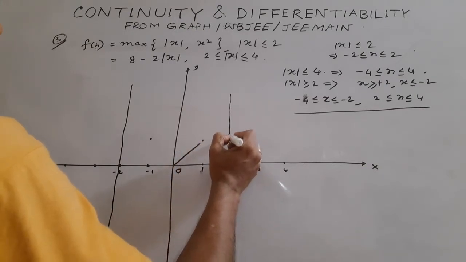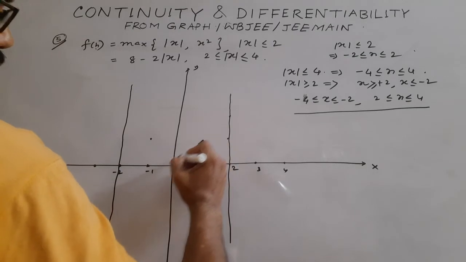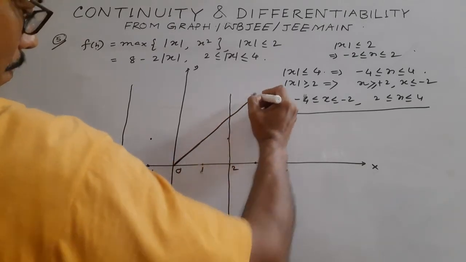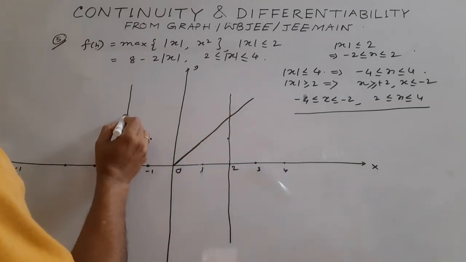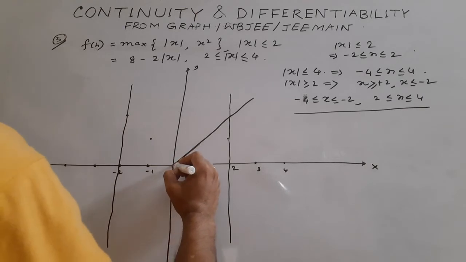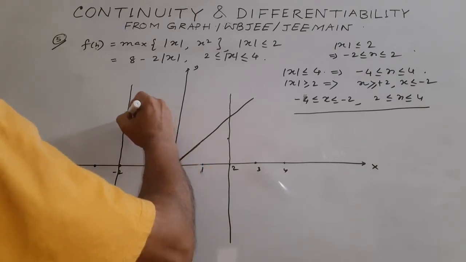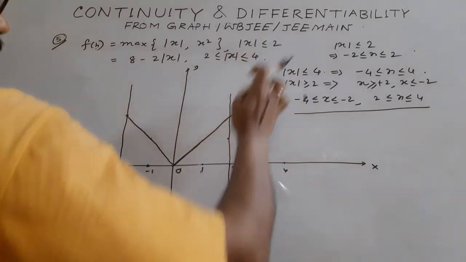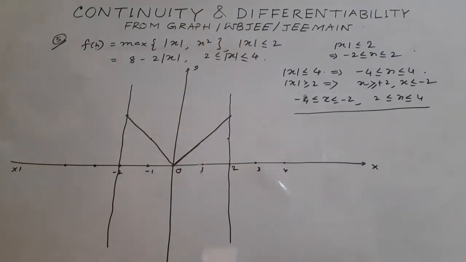This is 2, 1, 2. This is 1, this is 2. A rough sketch only. So minus 2 to plus 2, not above this one.